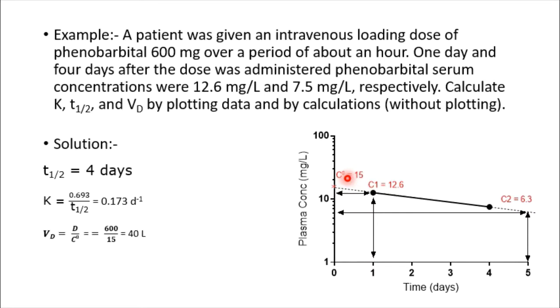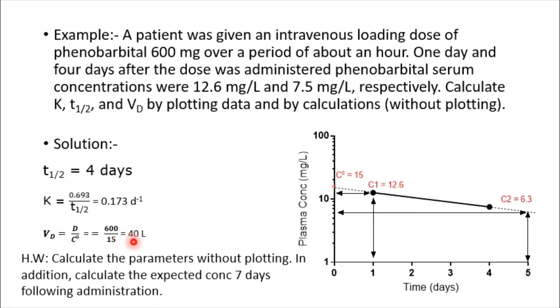So the initial plasma concentration is 15 milligram per liter, and we can just divide the dose over the initial plasma concentration to get the volume of distribution. And for the calculation of the parameters without plotting, you can apply the equations at home, and you should be able to get the same or quite similar result as those that we calculated by the plotting technique.